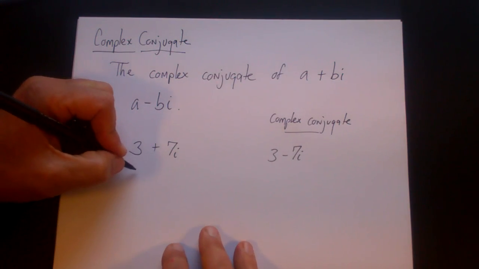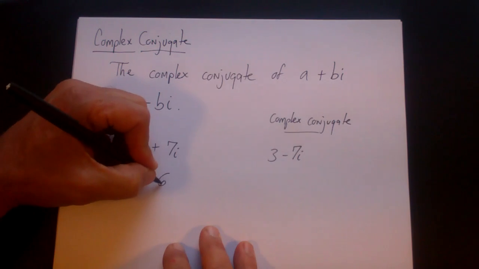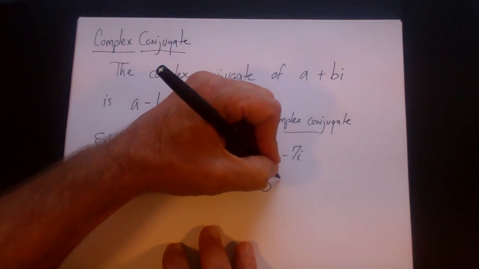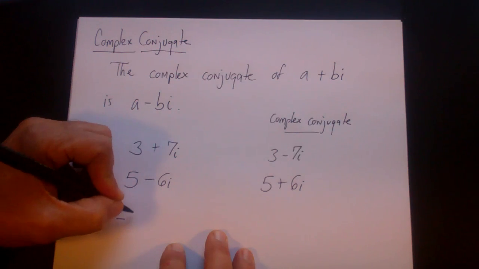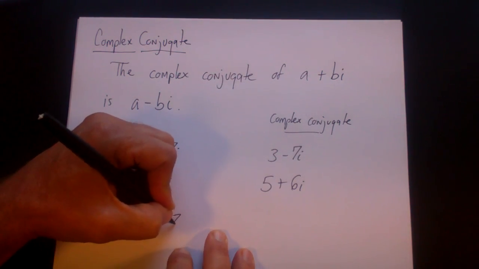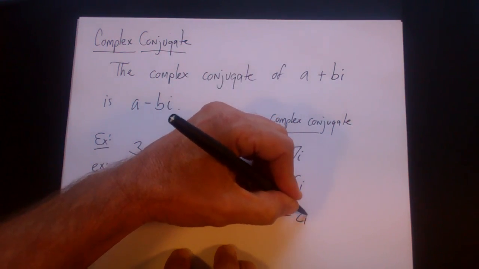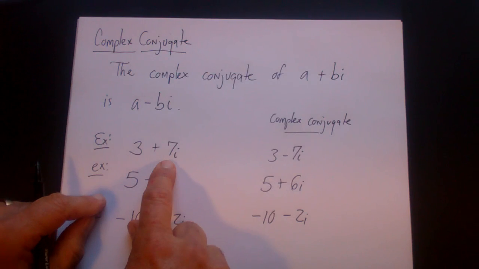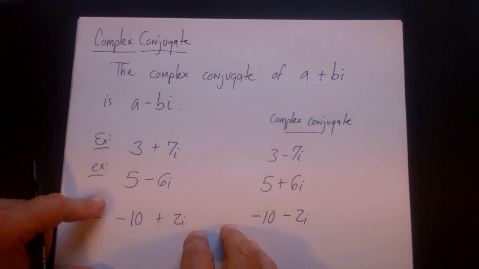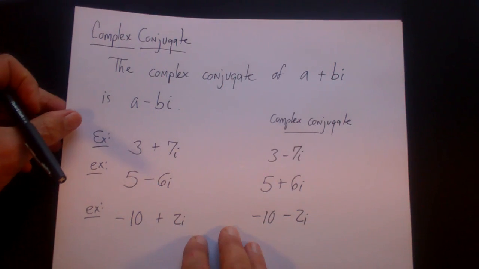So for example, if it was 5 minus 6i, the complex conjugate would be 5 plus 6i. And another example, if it was minus 10 plus 2i, the complex conjugate would be minus 10 minus 2i. Now notice, it's only the imaginary term that changes. So figuring out what the complex conjugate is fairly straightforward.